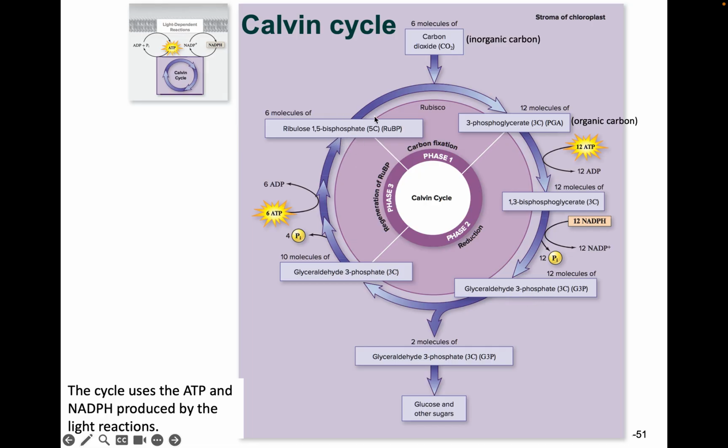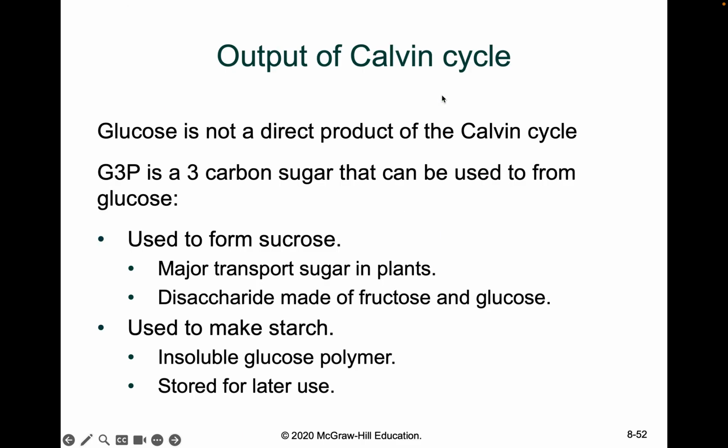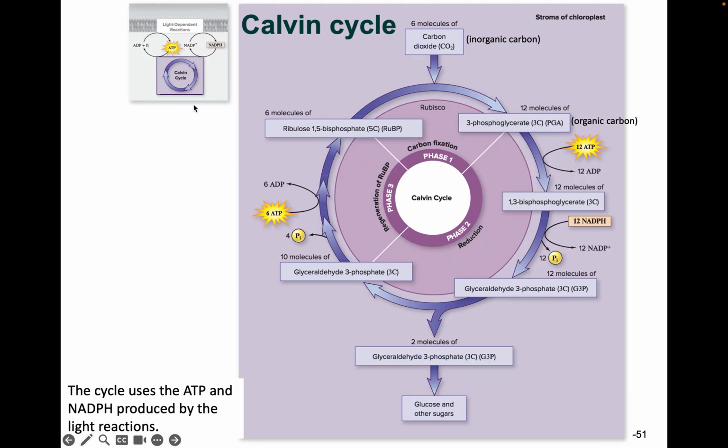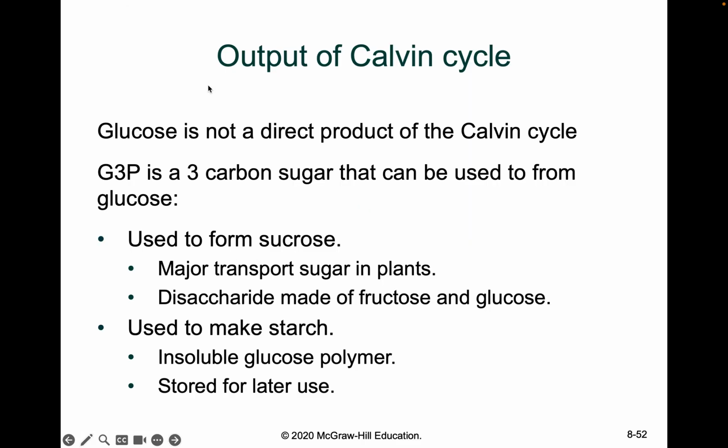The ribulose we need to reuse, so they go back. So you get two molecules of this glyceraldehyde 3-phosphate, three carbons each. And then these are used together to give you glucose and other sugars. So this is the Calvin cycle. This also, by the way, all happens in the stroma.